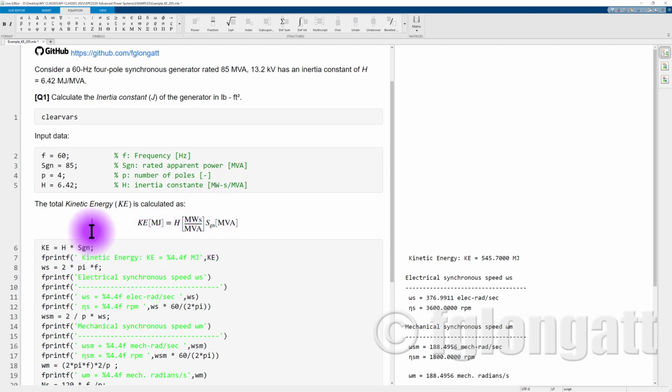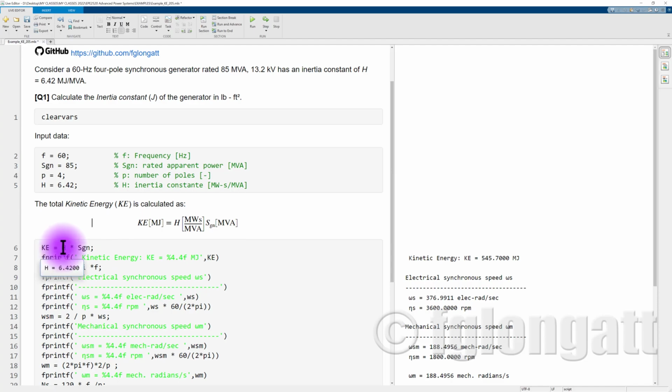From there it is just a numerical substitution: 6.42 megawatt seconds per MVA multiplied by 85 MVA. When we put the numbers together, we get the total kinetic energy stored at the rotor at synchronous speed, which is 545.7 megajoules or megawatt seconds.